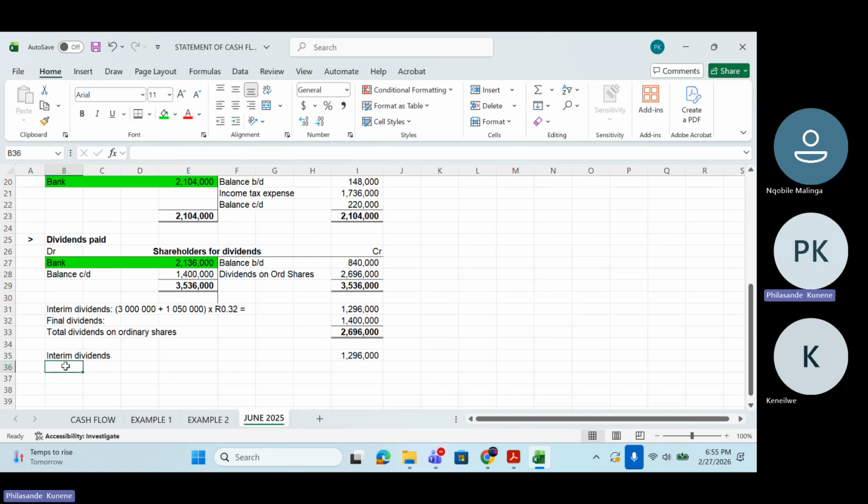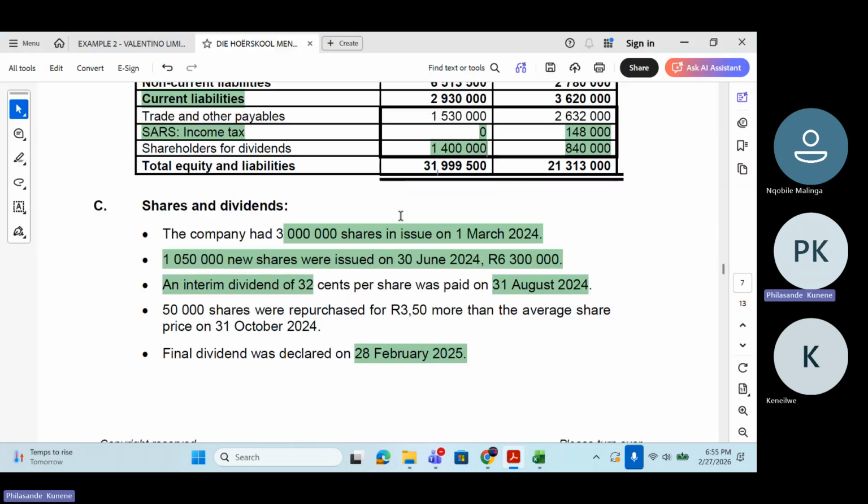Then shareholders for dividends, opening balance, 840,000 rands.